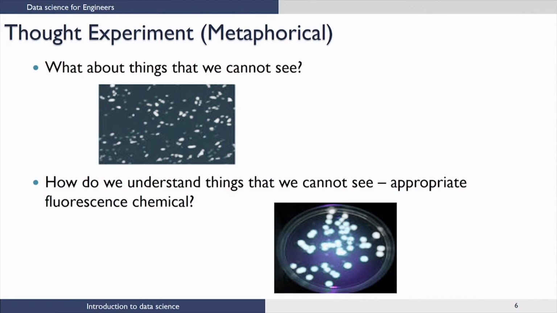Now, the interesting thing is, if it does not fluoresce, then the conclusion is not that the chemical is bad, because that has been provably shown to work for this particular case. You would only assume that the assumption that you made is not right.